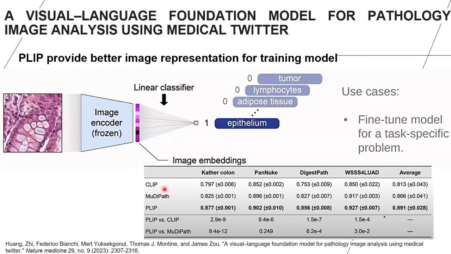In case of supervised learning, PLIP will just freeze the image encoder and use the projection layer which is present at the end, and perform a linear classification using the pathology images. So we still see better performance of PLIP as compared to existing models like CLIP and MuDiPath, PLIP versus CLIP, and PLIP versus MuDiPath.